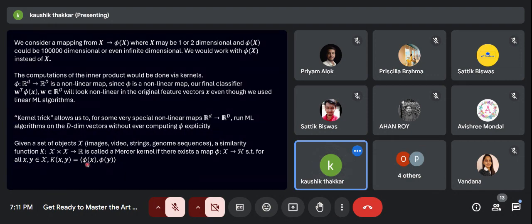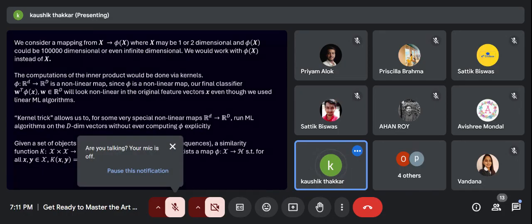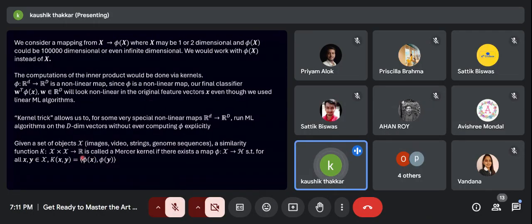So the inner product is basically phi x transpose times phi y. You have to compute this, and the computational time taken to solve this will be almost infinite, but that is not the case. The result we get by solving this is the same as if we apply this function k on these two vectors xi and xj.